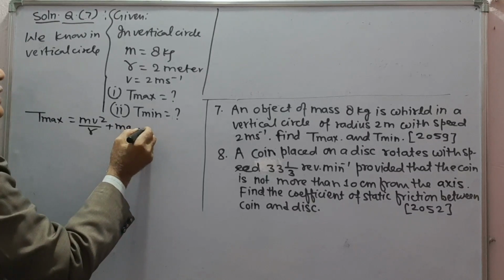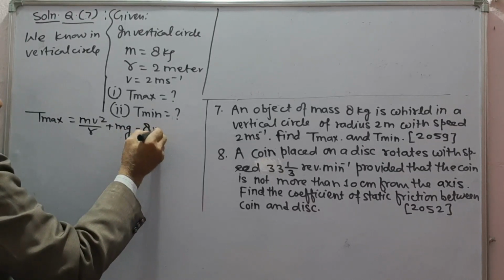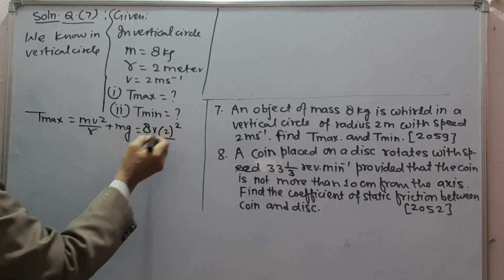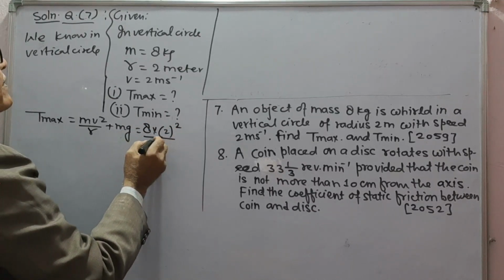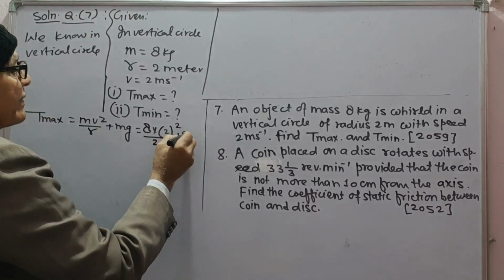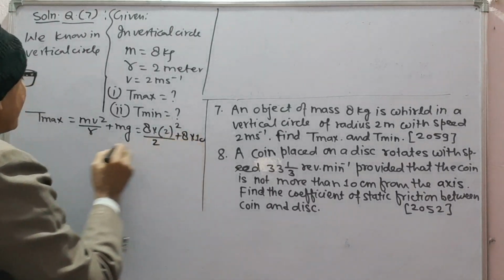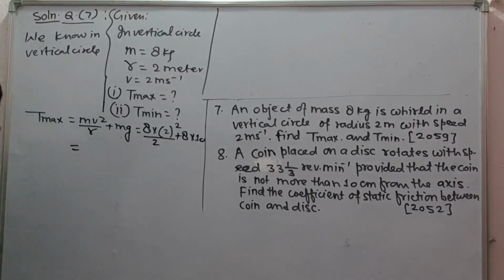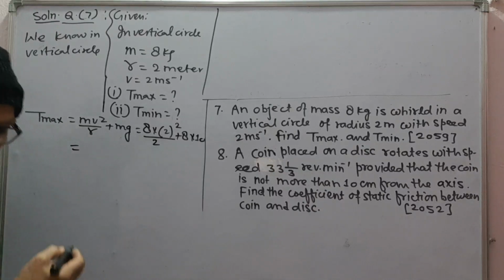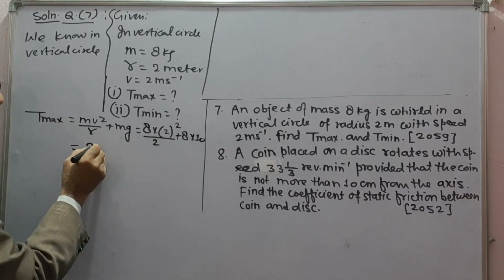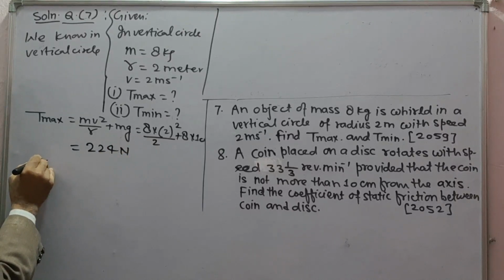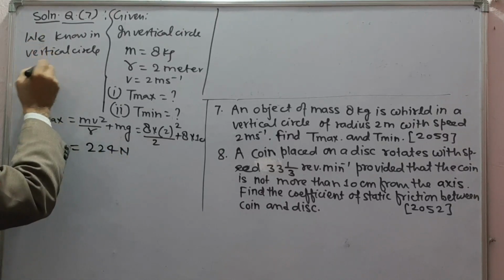Values are known. m is 8, v is 2, mv square upon r is 2 plus m is 8, g is 10. So T max comes to be 224 Newton.